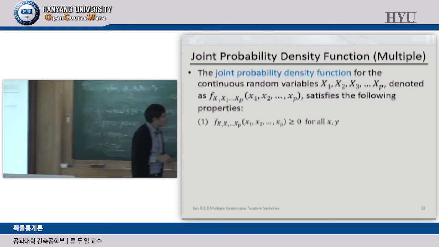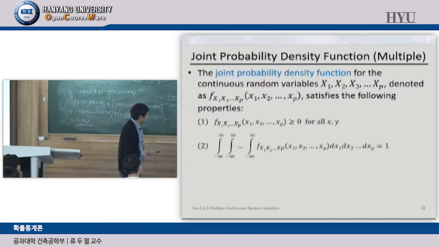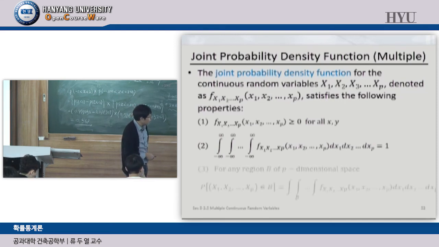And secondly, the integration from minus infinity to infinity of the joint probability density function should be equal to 1, right? For all random variables.